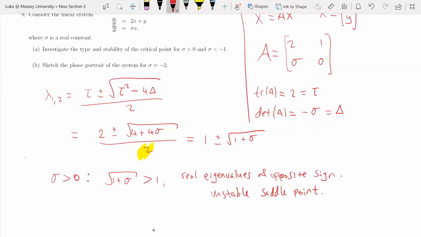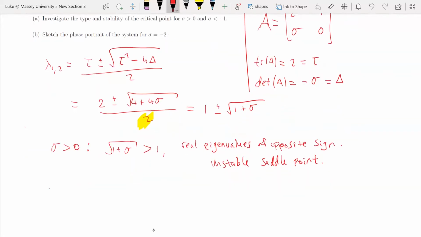Okay, what about sigma less than -1? Well, 1 plus sigma for sigma less than -1 is negative, so we get the square root of something negative. So we get complex conjugate eigenvalues.